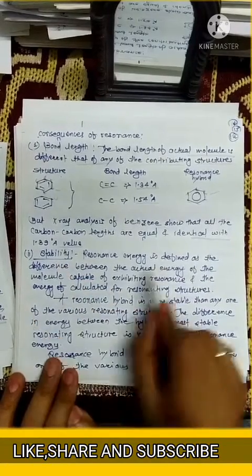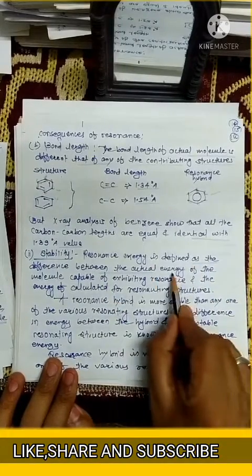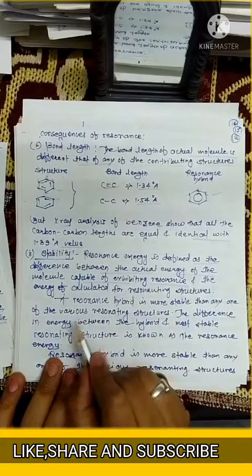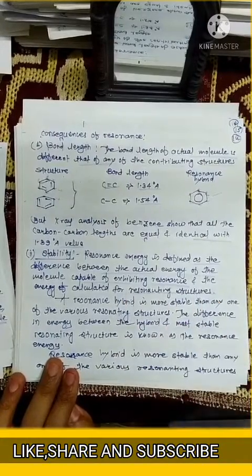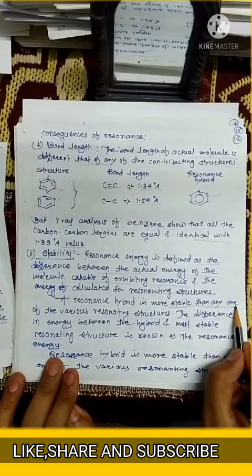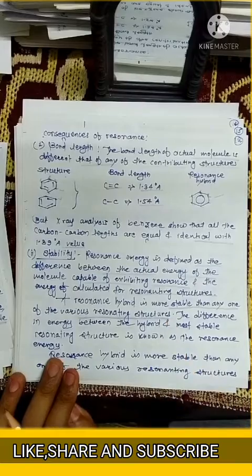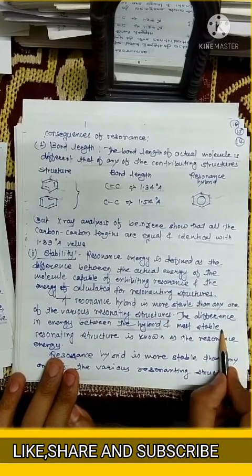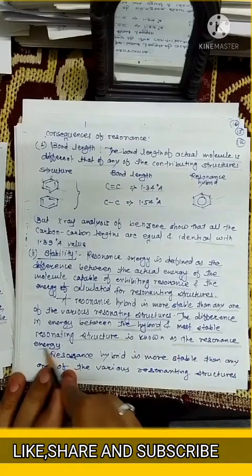Stability. Resonance energy is defined as the difference between the actual energy of the molecule capable of exhibiting resonance and the energy calculated for the resonating structure. A resonance hybrid is more stable than any one of the various resonating structures. The difference in energy between the hybrid and the most stable resonating structure is known as resonance energy.